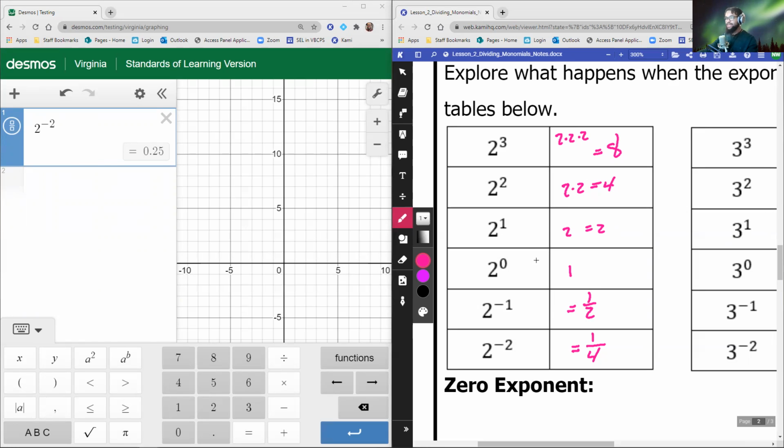And 2 to the power of 2 is 4, and 2 to the negative 2 is 1 over 4. If I were to do 2 to the negative 3, I would take a guess, and I think you would agree it's a good guess, that since 2 to the 3 is 8, 2 to the negative 3 would be 1 over 8, right? Don't you think that?